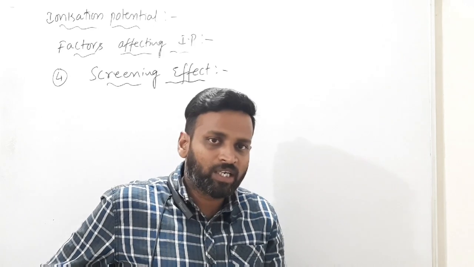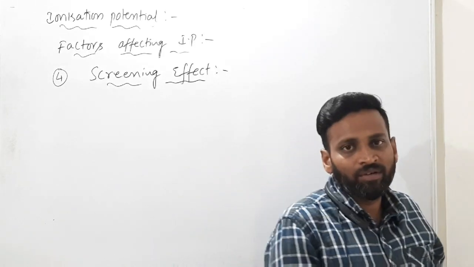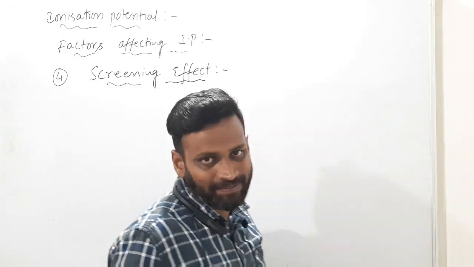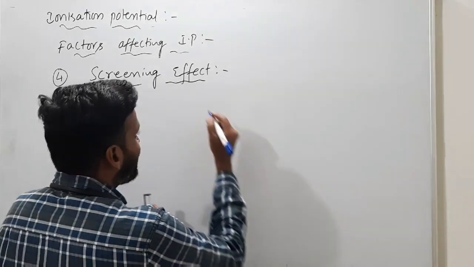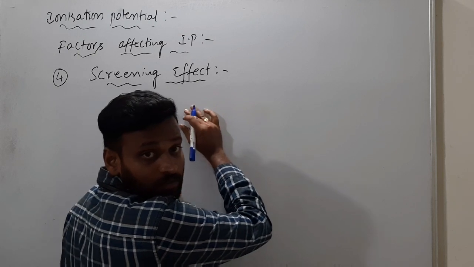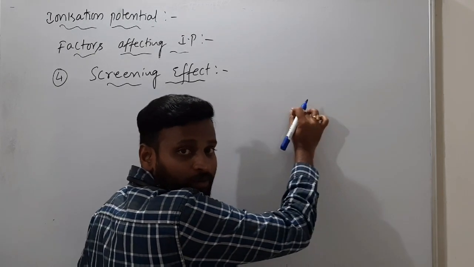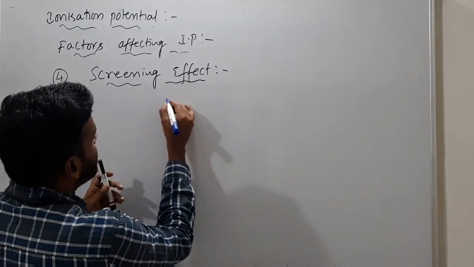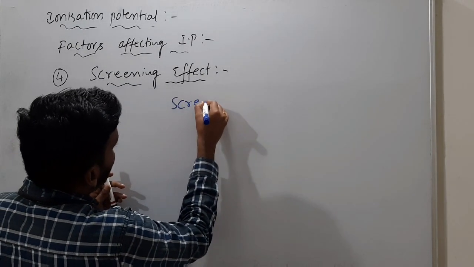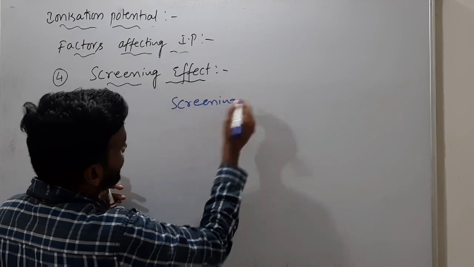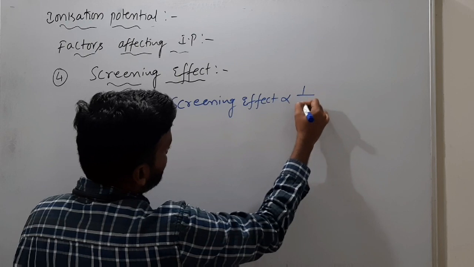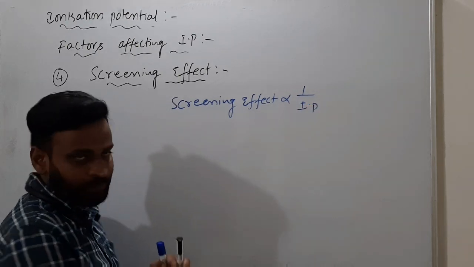My father protecting me strongly means I will move away from the nucleus. Away from the nucleus means removal of electron is easy. Distance increases. Screening or shielding, both are the same. Screening effect is inversely proportional to ionization potential.